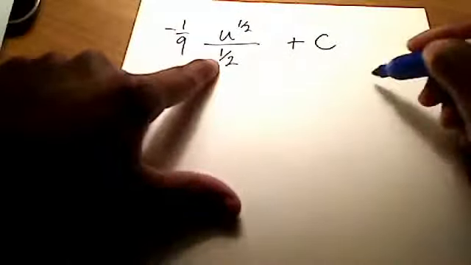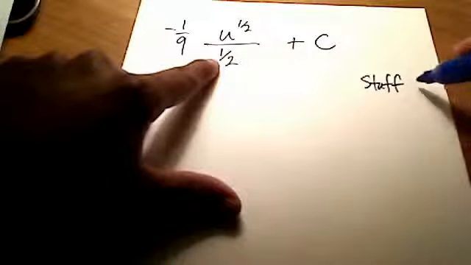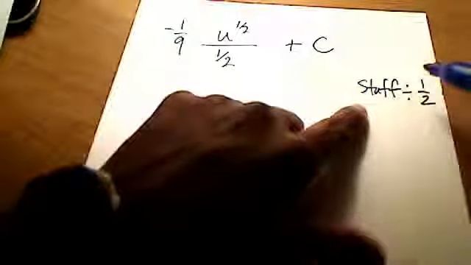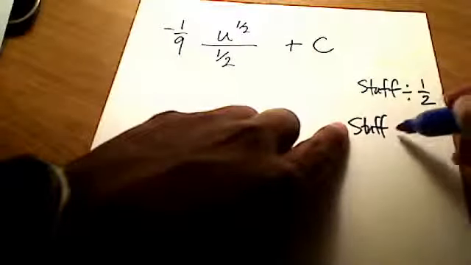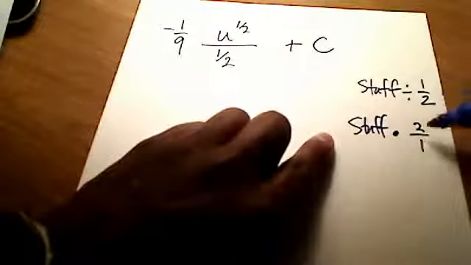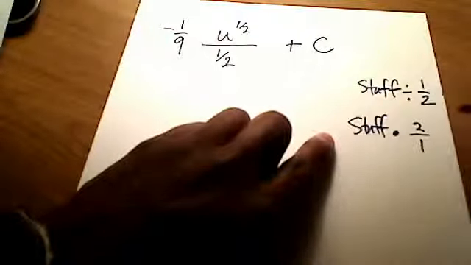Alright, look, I've got stuff divided by 1/2. You know the rule for dividing fractions is to flip and multiply. So I'm flipping this 1/2 into 2 times 1, and I'm going to multiply it by that stuff.